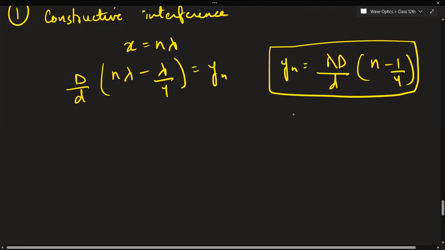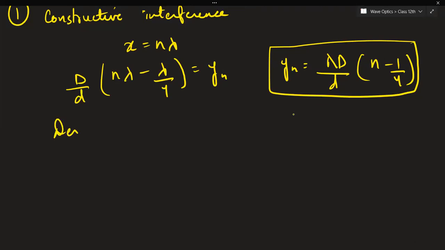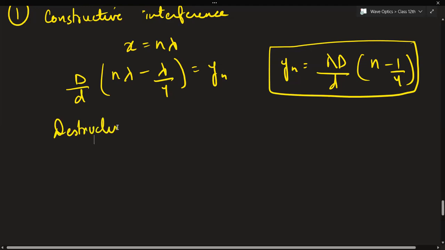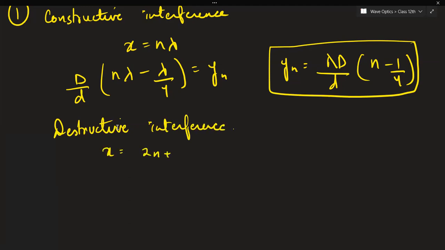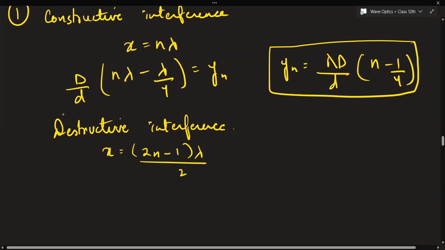Not only constructive, now we had to find for destructive as well. See, destructive interference: x is equal to 2n minus 1 lambda by 2. So instead of x in the formula, put it.